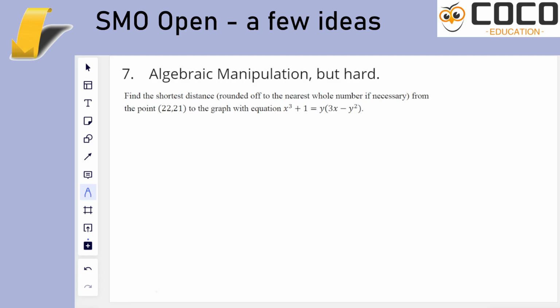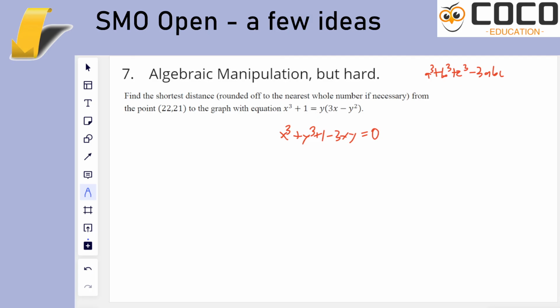And this other question uses an algebraic identity. The identity that it uses, if you were to just rearrange this equation, is a pretty well-known identity. It's your a cubed plus b cubed plus c cubed minus 3abc identity.